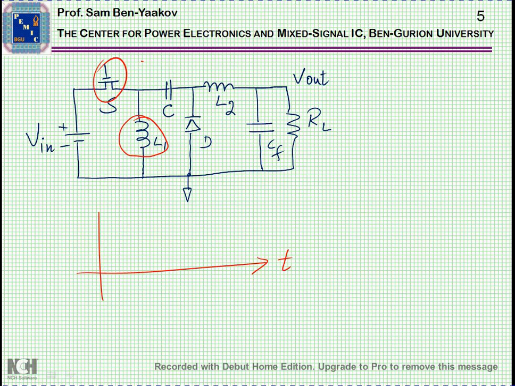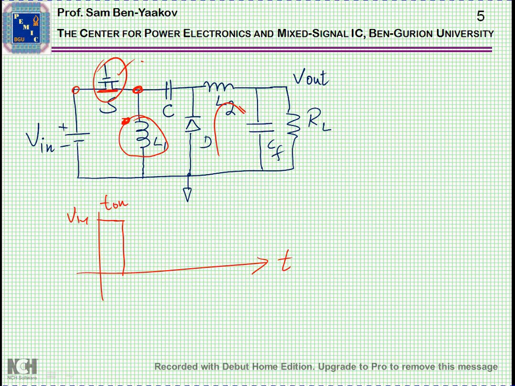Now during the on time, the switch is on. This point is equal to V in, so we're going to find on L1, I'll call this the positive side of the inductor, a voltage which is V in. This is during T on.